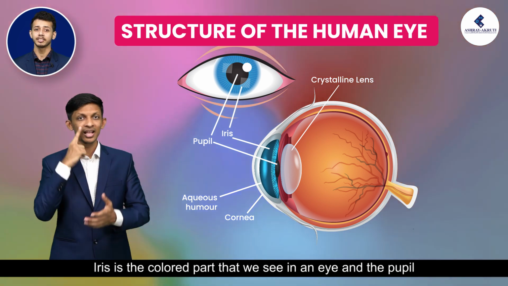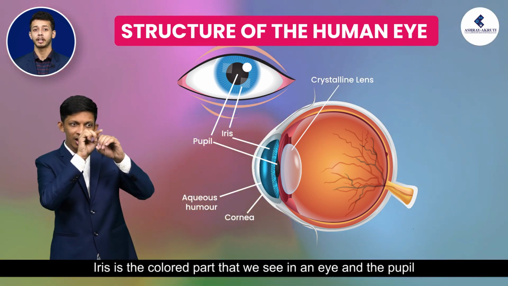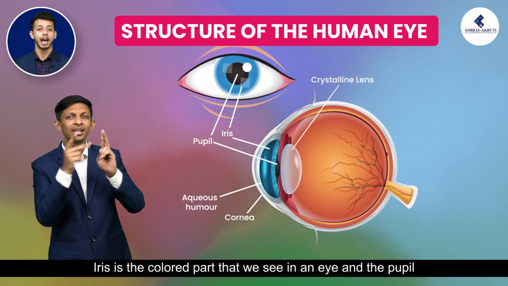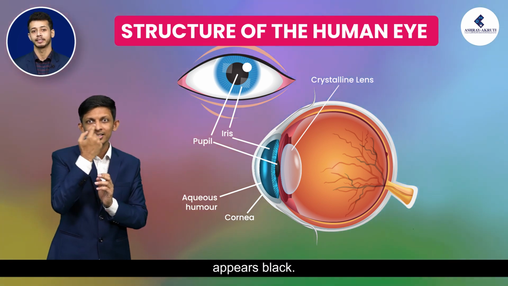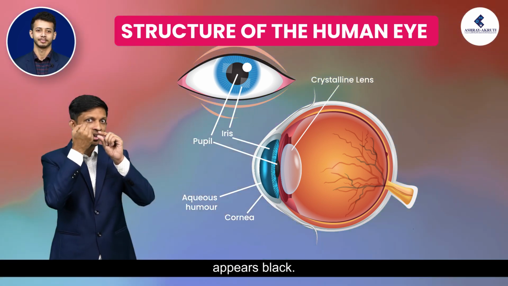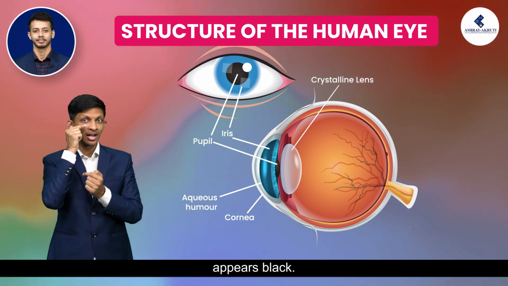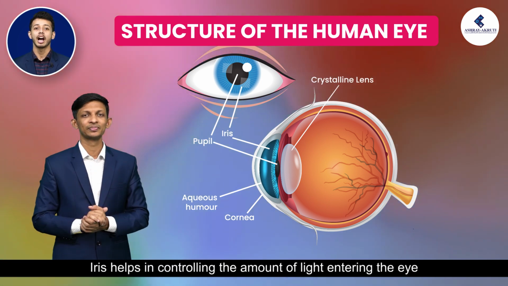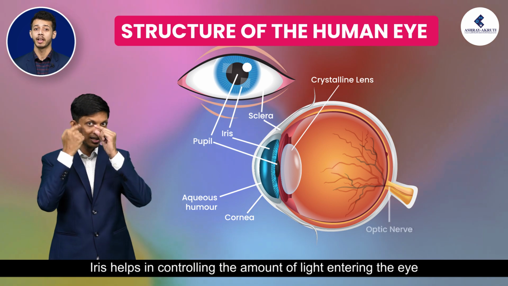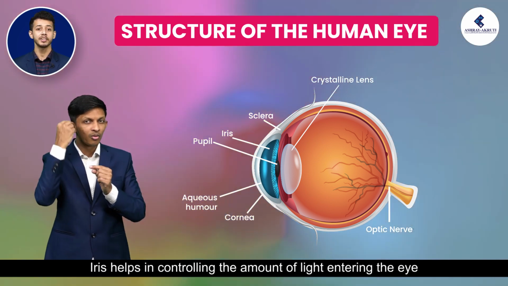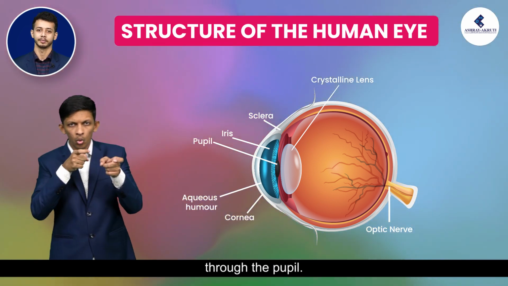Iris is the colored part that we see in an eye, and the pupil appears black. Iris helps in controlling the amount of light entering the eye through the pupil.